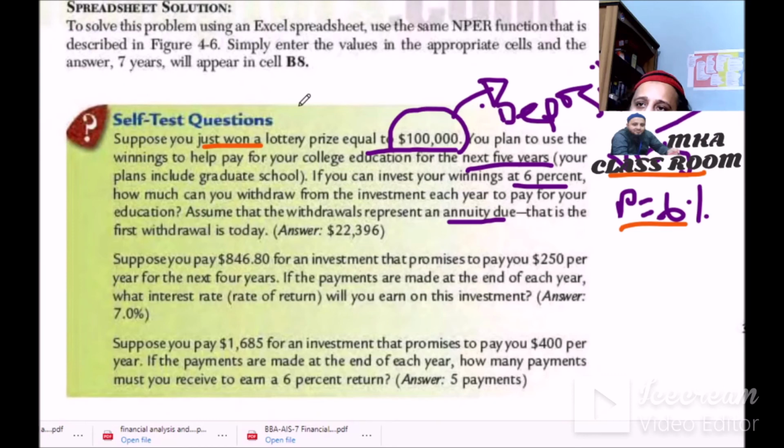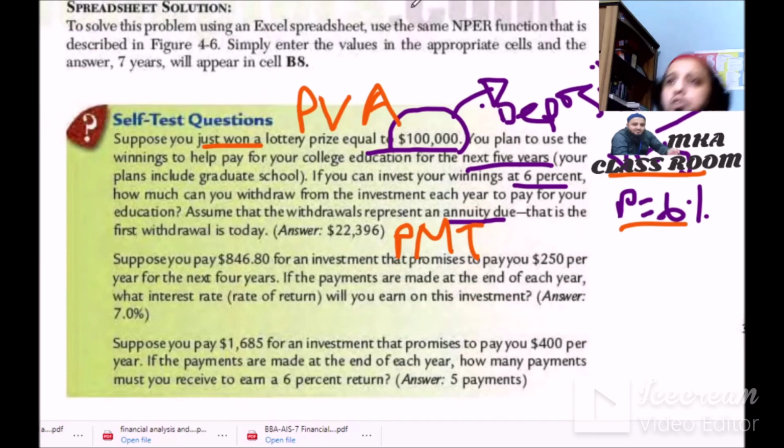So actually this is the problem of present value of annuity, and you have to find out your installment that you are getting from each year from your bank.